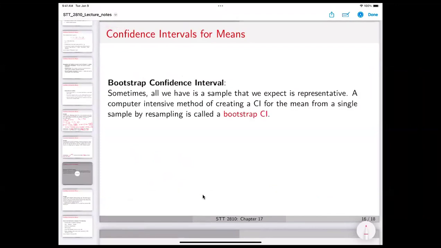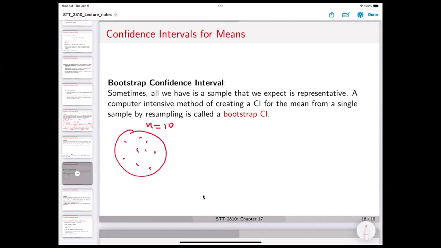Now we are going to talk about bootstrapping. So the idea behind bootstrapping is that sometimes the population is not there. Sometimes all we have is the sample. When we don't have the population and we have the sample, say for example, a sample of n equal to 10, bootstrapping is going to resample from the sample many times.